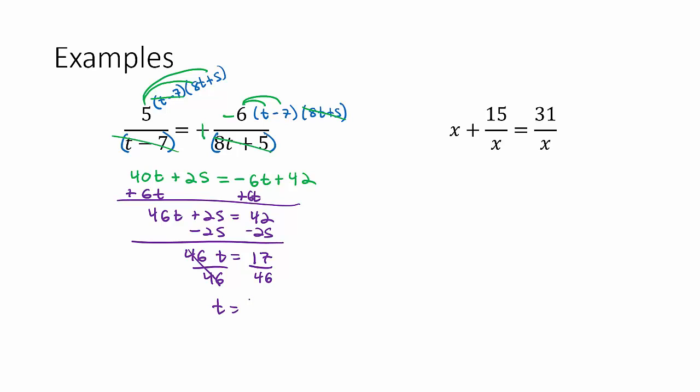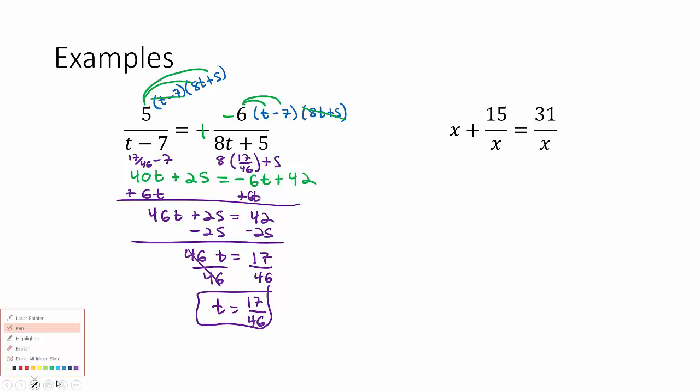And t is equal to the fraction 17 over 46. That does not reduce. And again, we'll want to check our denominators. If I put 17 over 46 in, you can see that none of these denominators turn out to be 0. We don't really care what the answer is in the denominator. We just care that that's not going to be 0. And it's pretty obvious it's going to be some ugly fraction, but definitely not 0. So that's going to be our solution.